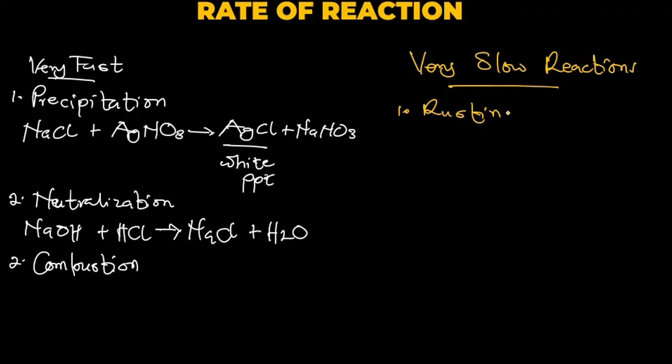Rusting is a very slow process. It can take months, years to form. So when you have iron reacting with water to form iron oxide, and maybe some moles of water attached to it, this is rusting.